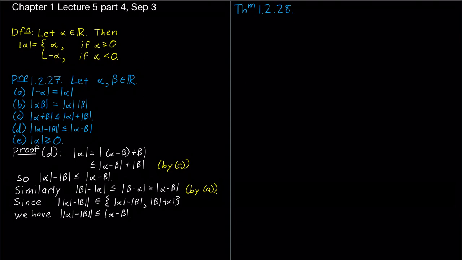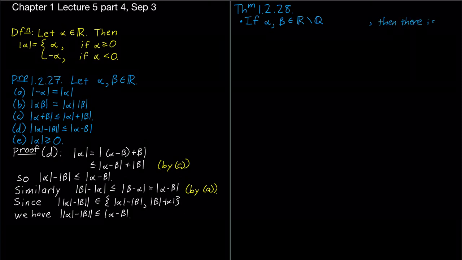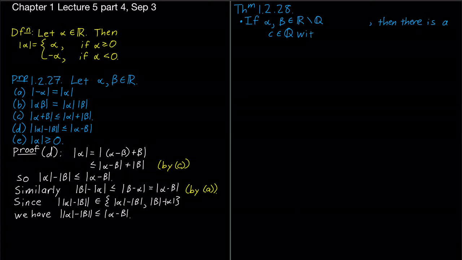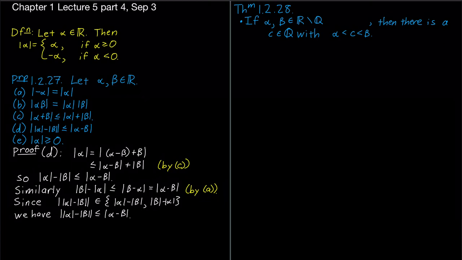The first part is that if alpha and beta are real numbers that are not rational numbers, then there is a rational number C, which is between them. Notice it can't equal either of them because C is rational and alpha and beta aren't.